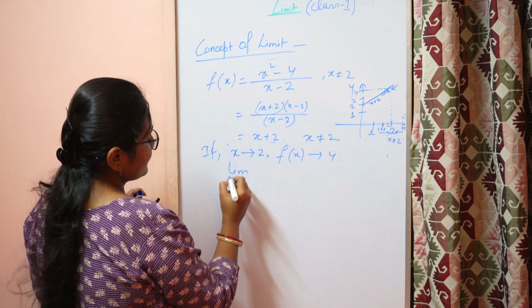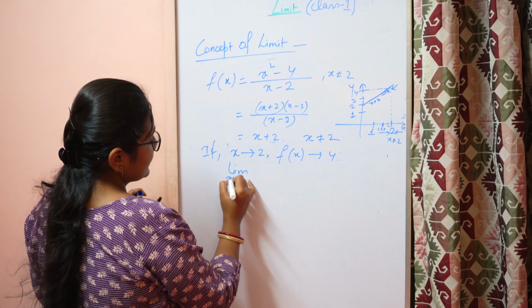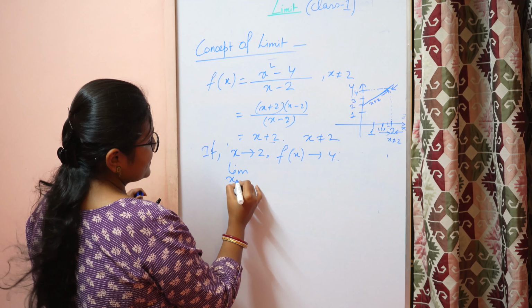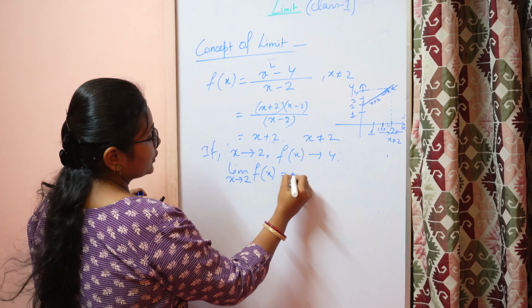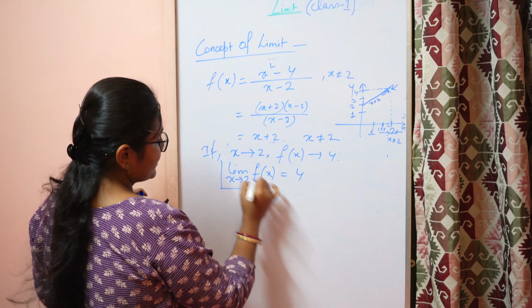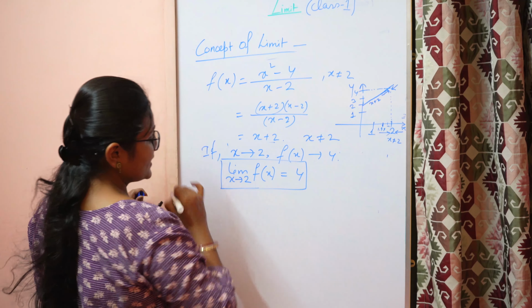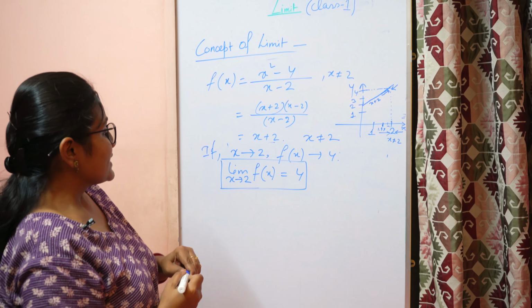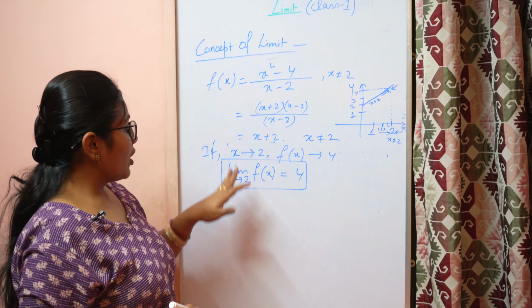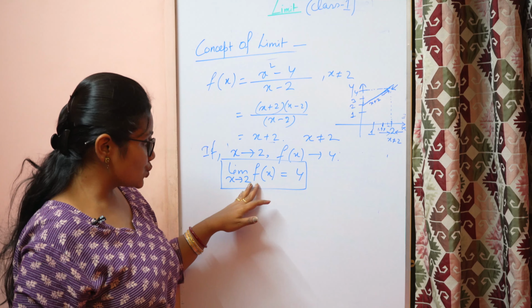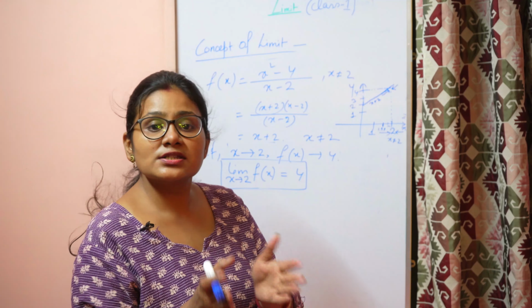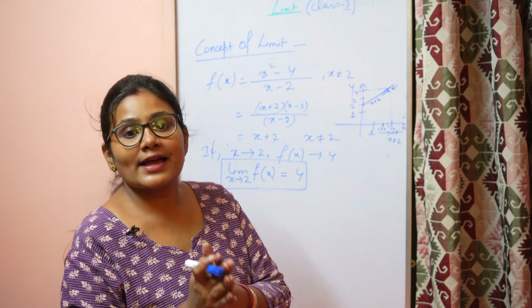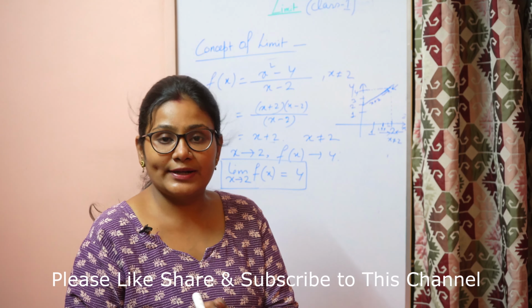From here the formation of limit will come, that is limit x tends to 2 of f(x) approaches 4, that means the value of this limit is equal to 4. That means for values of x which are towards 2, the value of the function is going towards 4 but not exactly 4. This is the concept of limit only.